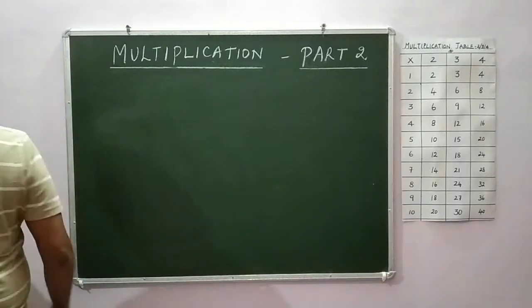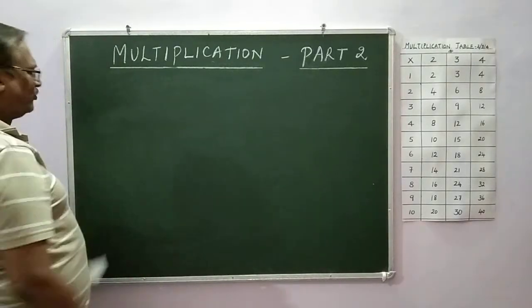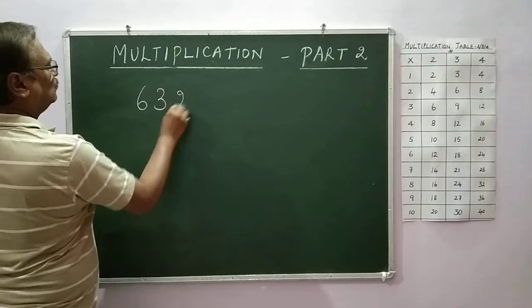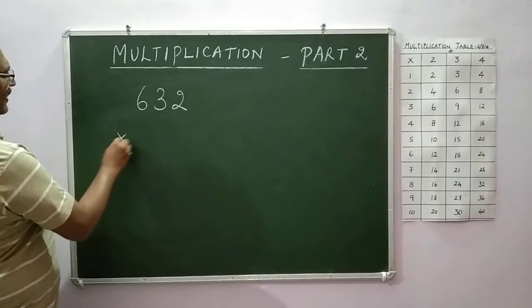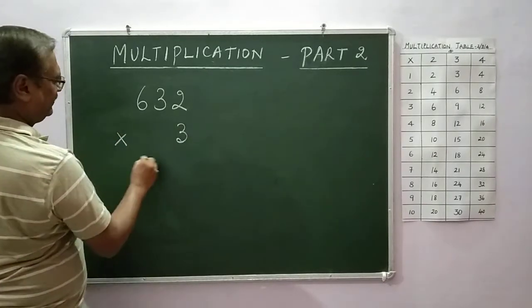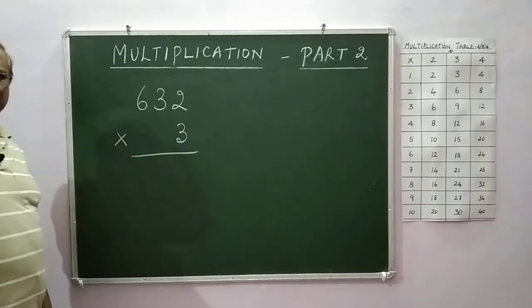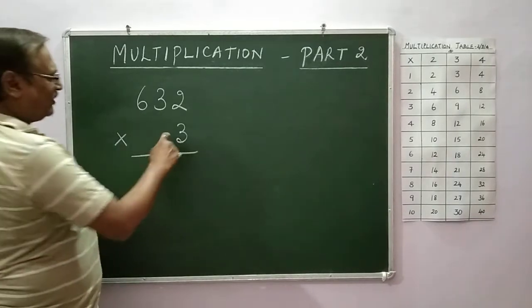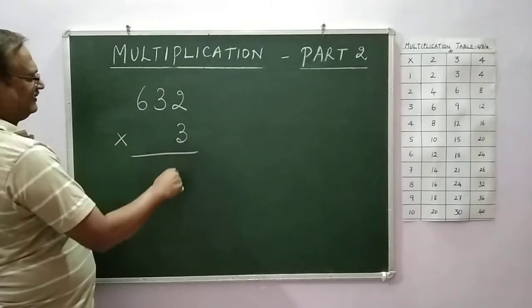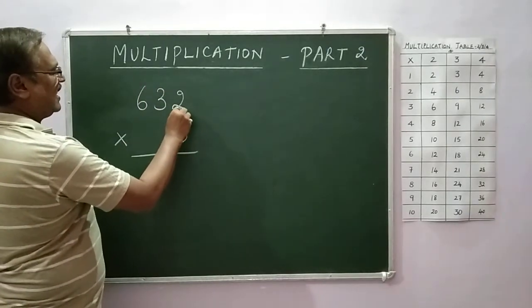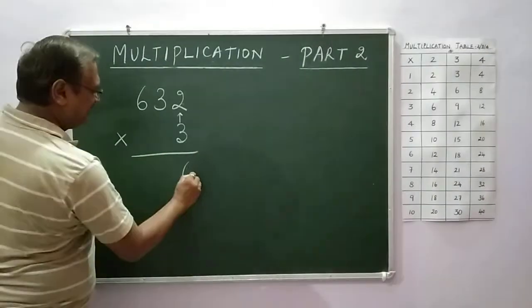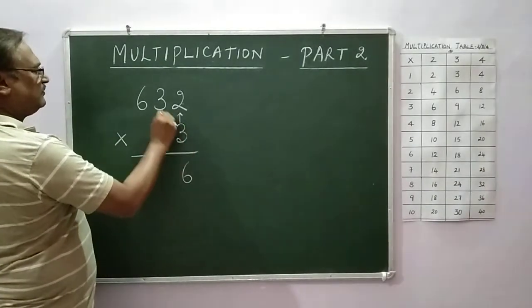Now, let me take some other problem. 632 multiplied by 3. What will be the answer? Will you try this problem? Now, I am not going to put marks like this. I will just put an arrow. 3 2s are 6. Next 3 with 3.